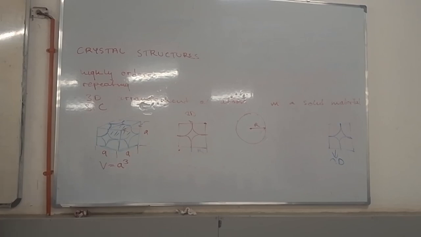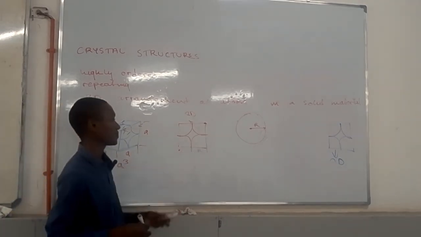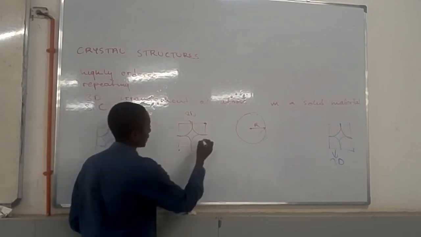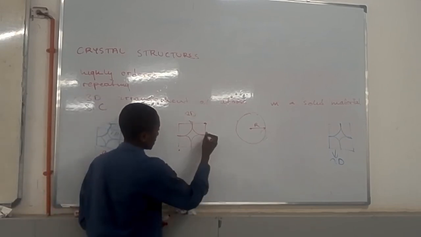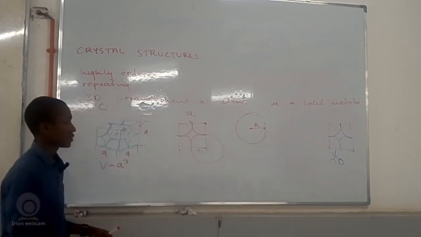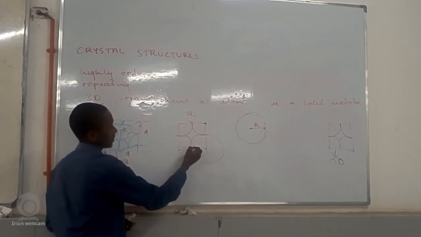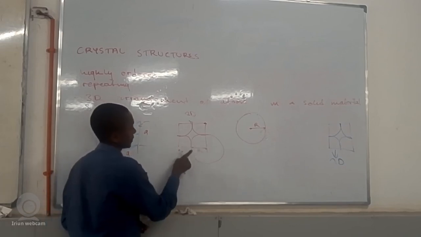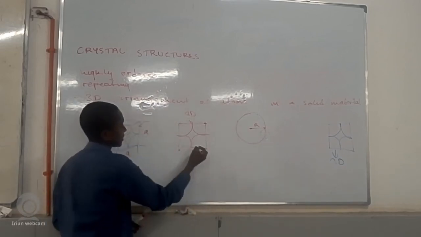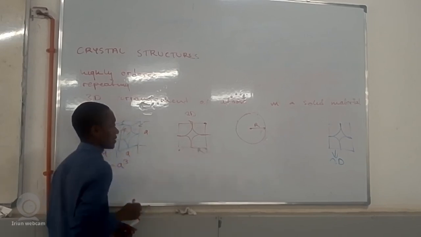So the distance from here to here is R. If I were to complete this, it would be a full atom, right? So this is the center, and this distance is R, the radius.